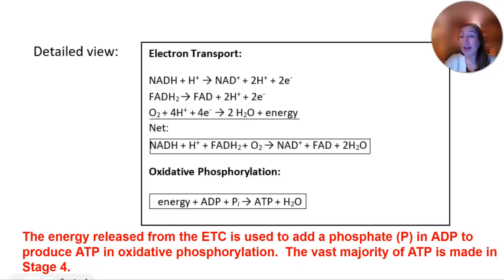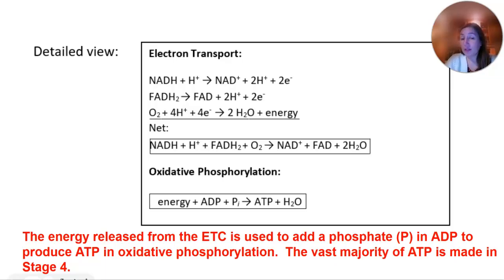At the same time, oxygen plus 4 protons and 4 electrons reacts to form water and releases energy. So the net equation is NADH + H+ + FADH2 + O2 reacts to form NAD+ + FAD + 2H2O.